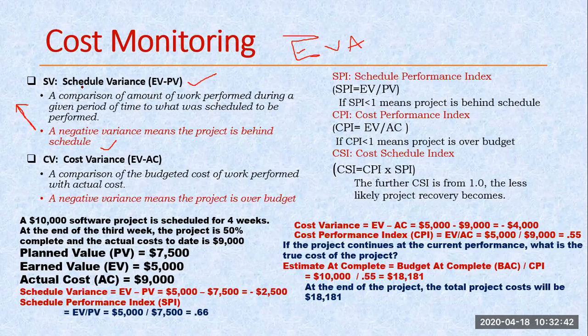So now we are calculating how much difference there is between my plan and actual. That is known as my schedule variance. Similarly, cost variance. So how do we calculate it? Earned value minus planned value. That is my schedule variance. SV is equal to EV minus PV and CV is equal to EV minus AC. So these are the relations for calculating the schedule variance and cost variance.